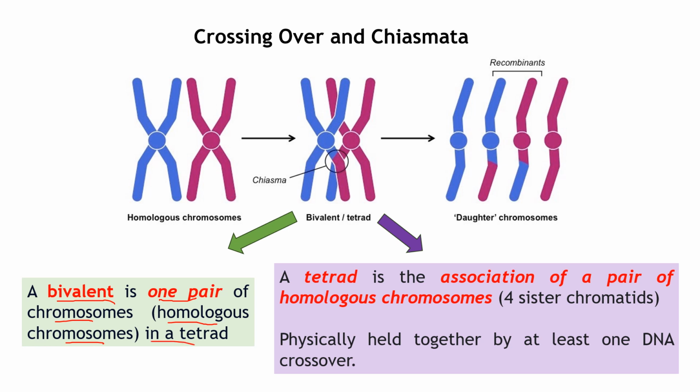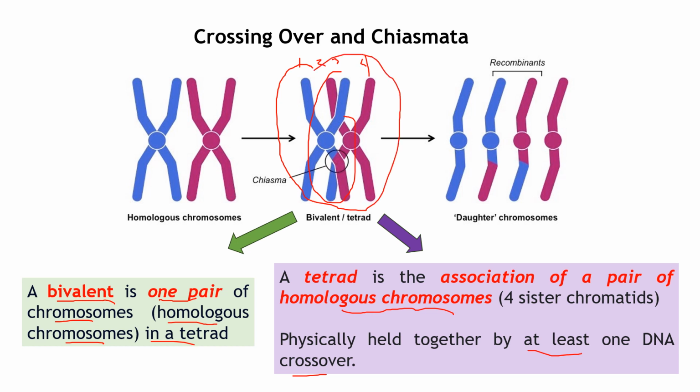So here you will have 1, 2, 3, and 4, and the bivalent will be the one that has the physical connection. The tetrad, on the other hand, is the association of these 4 chromosomes. To be a tetrad, they only need to have at least one DNA crossover. So bivalent will be this one, and the tetrad will include the entire 4.